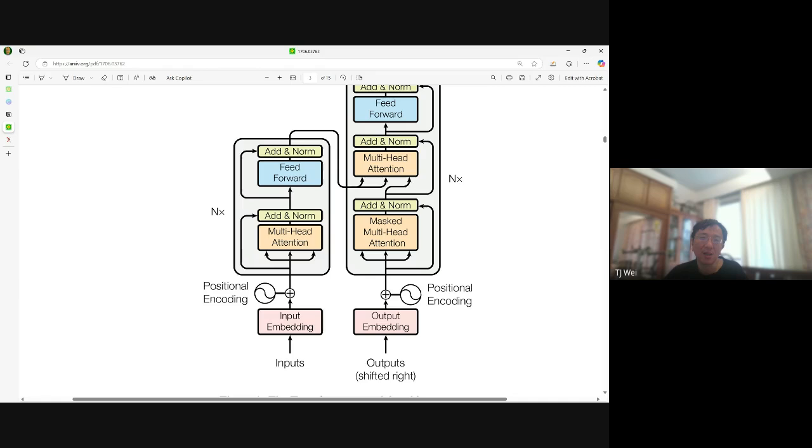So we will have a sequence like 35, 43, 125, 2, 75. This is a numerical sequence, and each number is an index corresponding to a token.